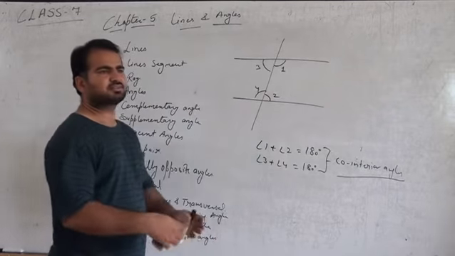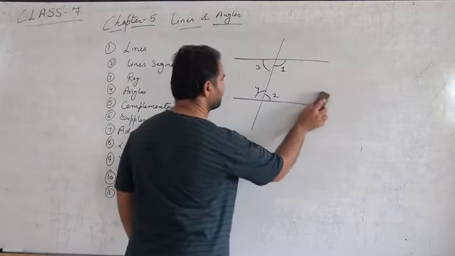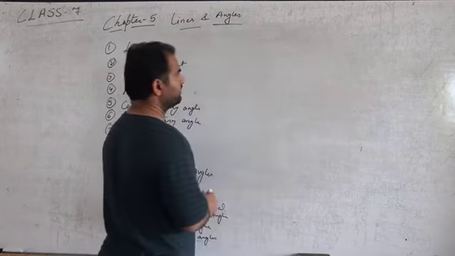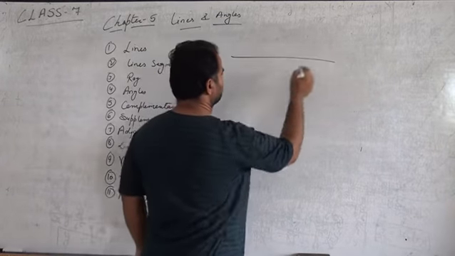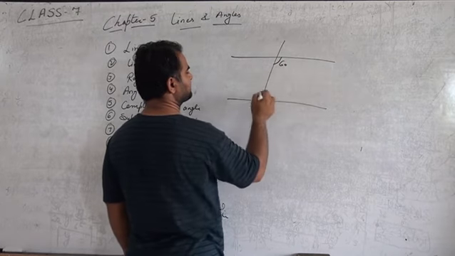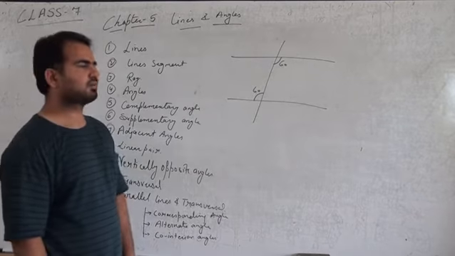Okay. Sometimes there are some reverse questions also. Reverse question means, what if these two angles are given, like it is given that this angle is 60 and this angle is also 60. So are the lines parallel or not?